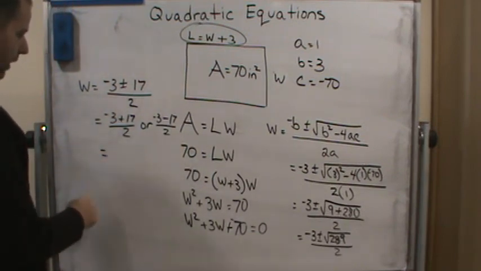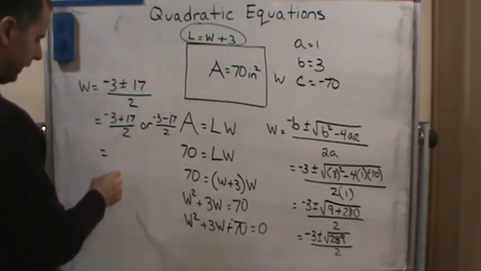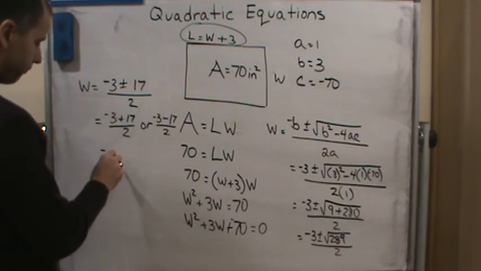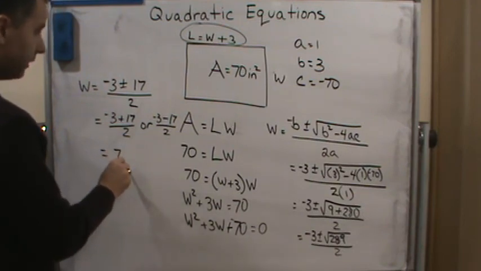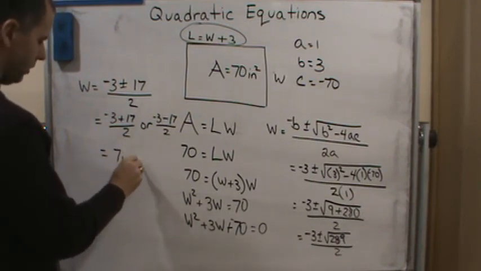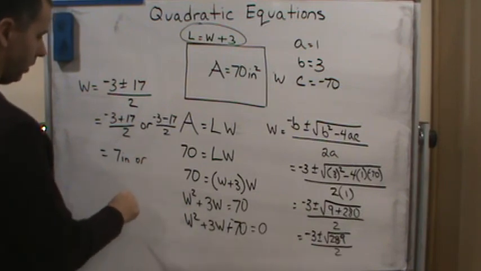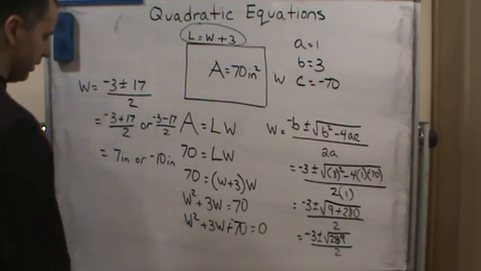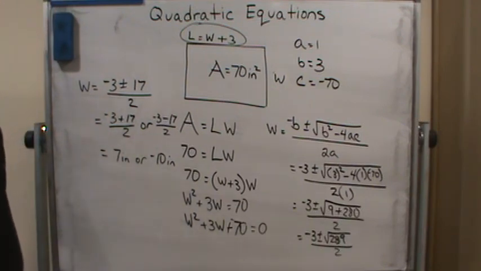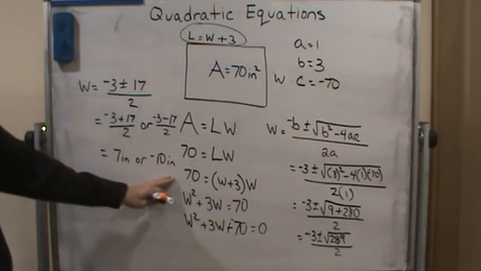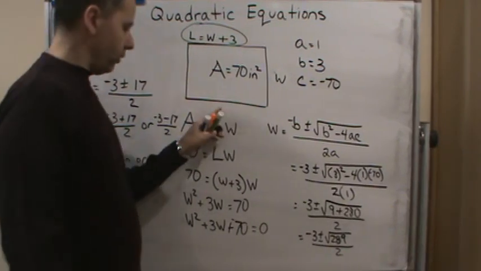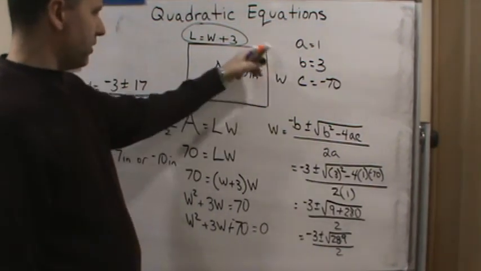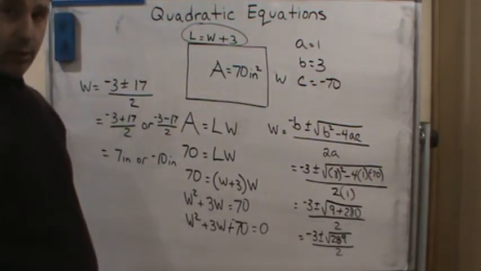So that means the width is either going to be 7 inches, or negative 10 inches.